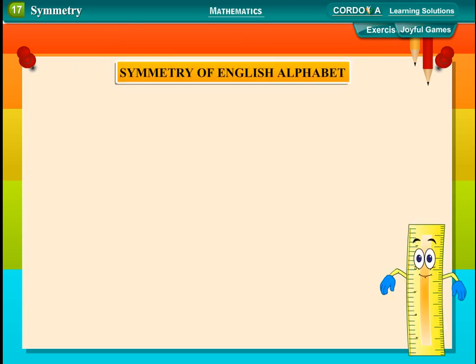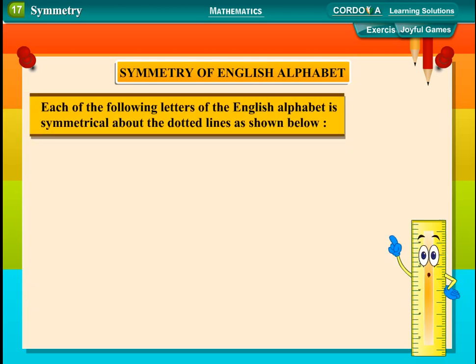Symmetry of the English alphabet. Each of the following letters of the English alphabet is symmetrical about the dotted lines as shown below.